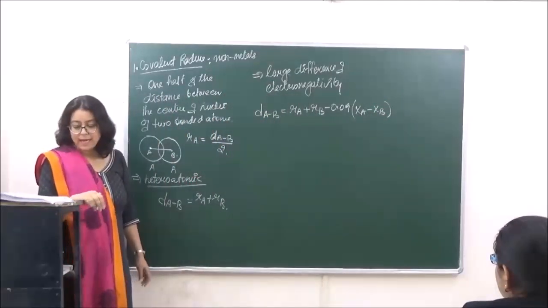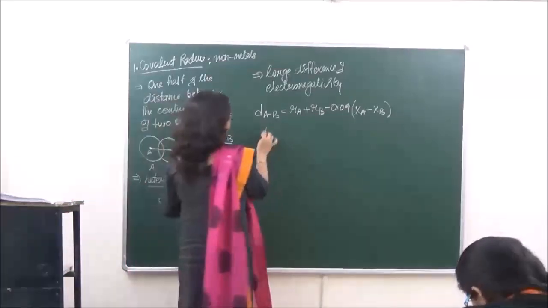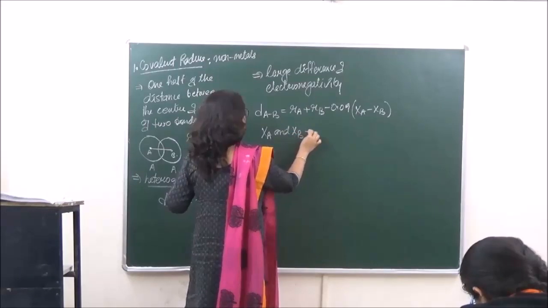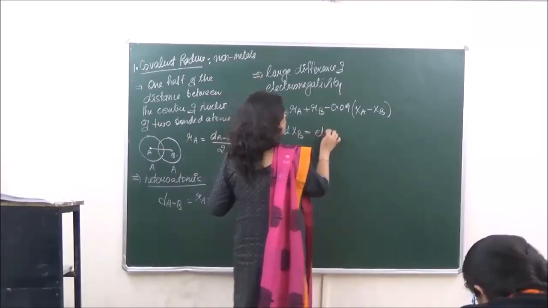Okay, where XA and XB are the electronegativities of elements A and B.